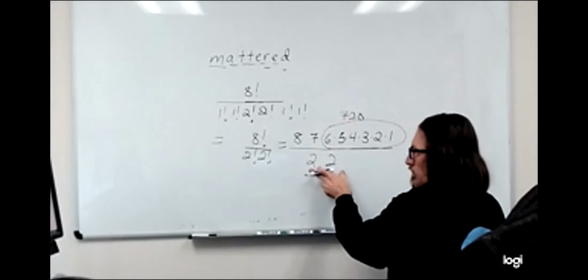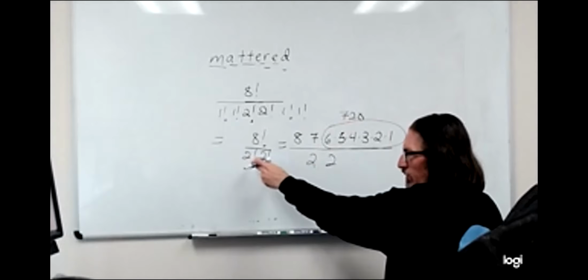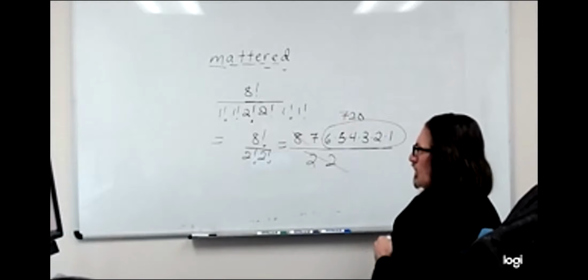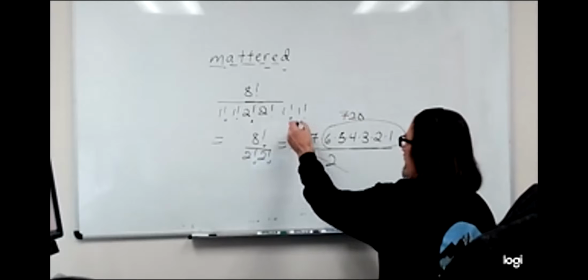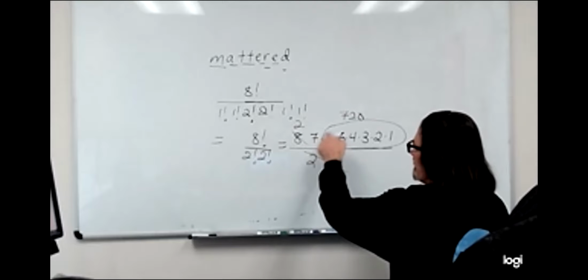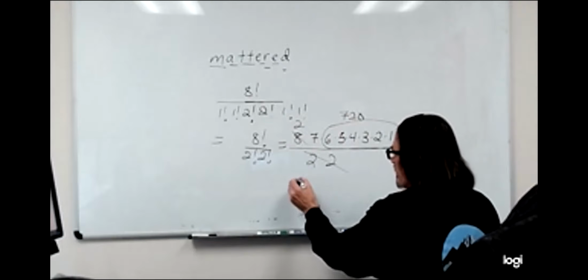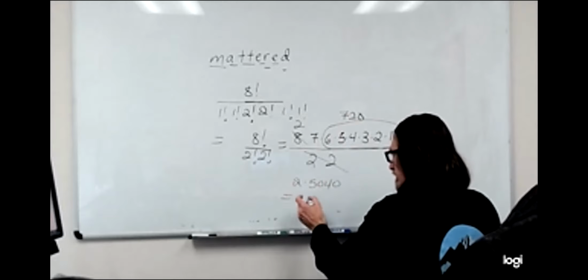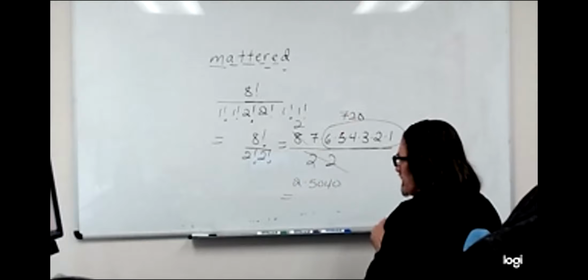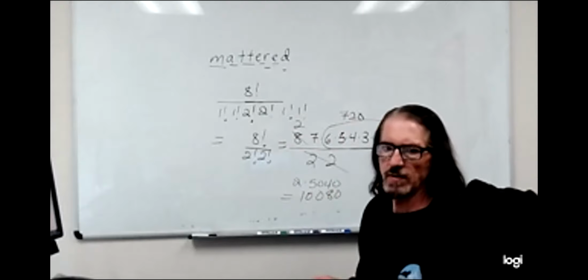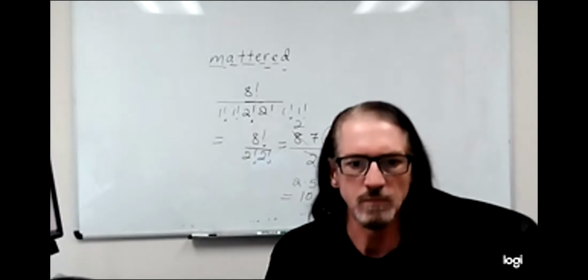Since 2 factorial is 2 times 1, both of these are 2. So 2 times 2 is 4. 4 into 8 is 2. And 7 times 720 is 5,040. So I'm looking for 2 times 5,040, which should be 10,080. Let's check that out.